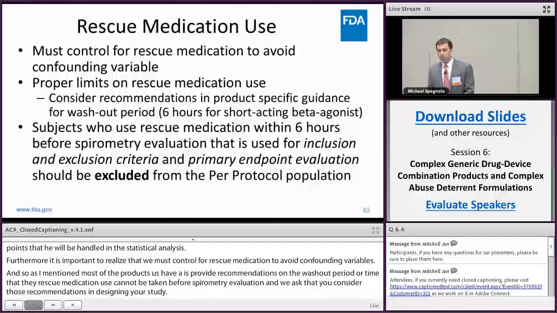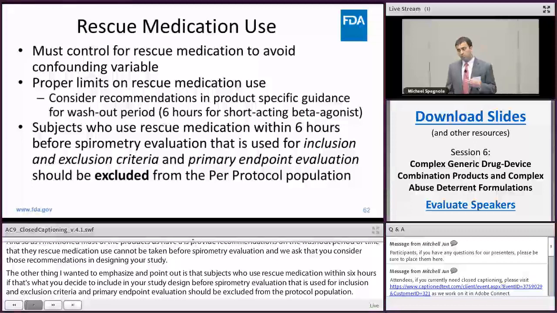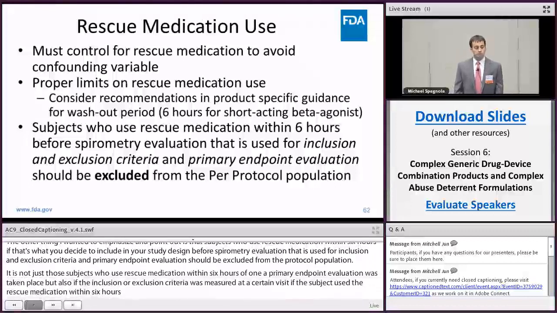It's not just those subjects who use rescue medication within 6 hours of a primary endpoint evaluation, but also if the inclusion or exclusion criteria was measured at a certain visit and the subject used the rescue medication within 6 hours, that would also affect the evaluation of that criteria, and therefore you should look further, and those subjects should be excluded from the per protocol population.